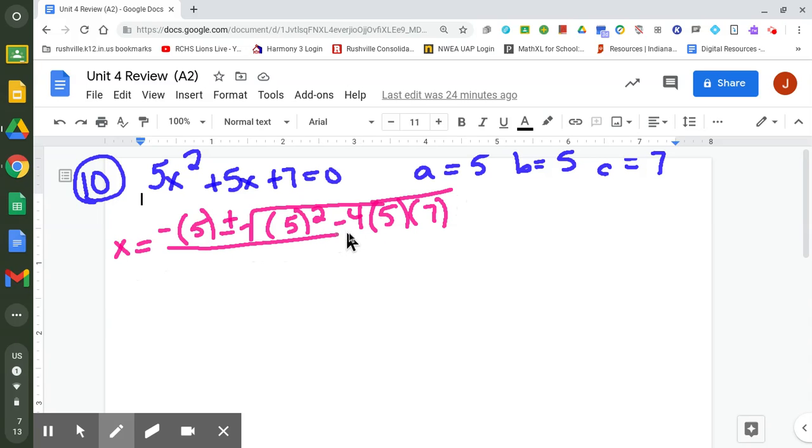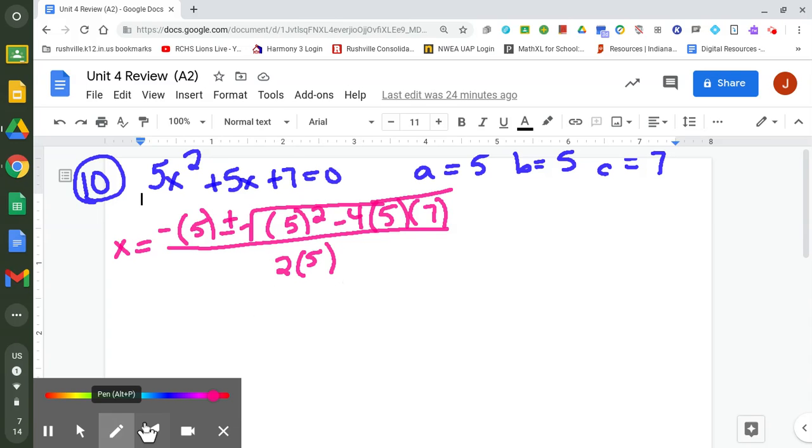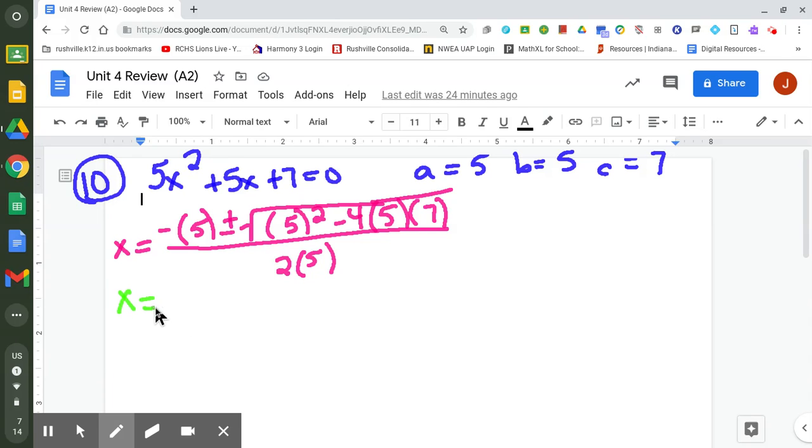And all of that is over 2 times my a is 5. So then we're going to start simplifying. So x equals negative 5 plus minus square root of, and all that's going to be over 10.